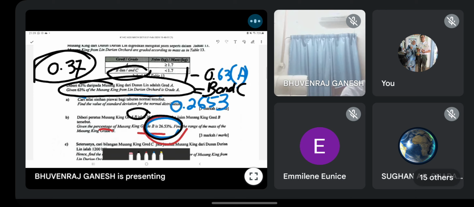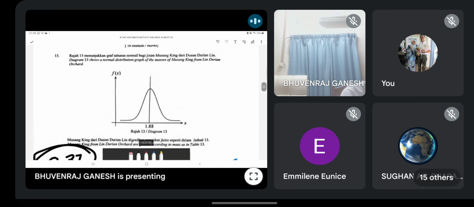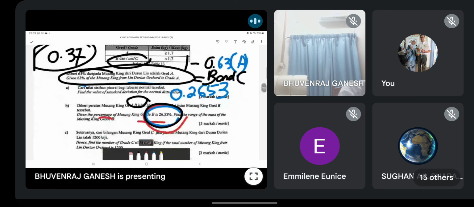Wait guys, let me see for a while. 0.37 minus. Wait for a while guys, slowly. 0.63. I think this one, right? The question should actually ask grade C lah, if not mistaken.